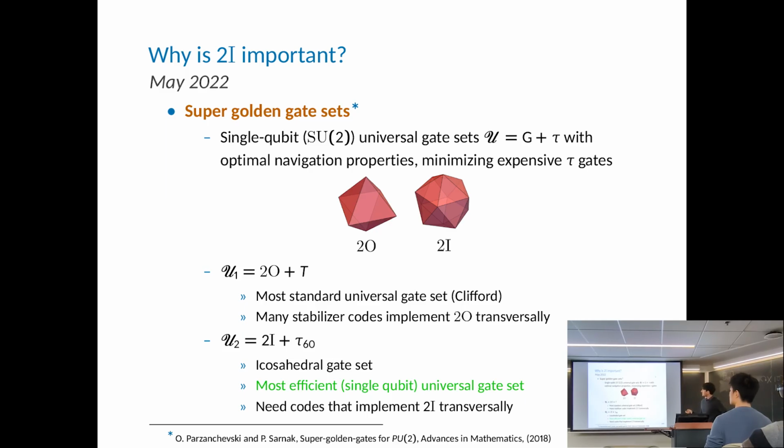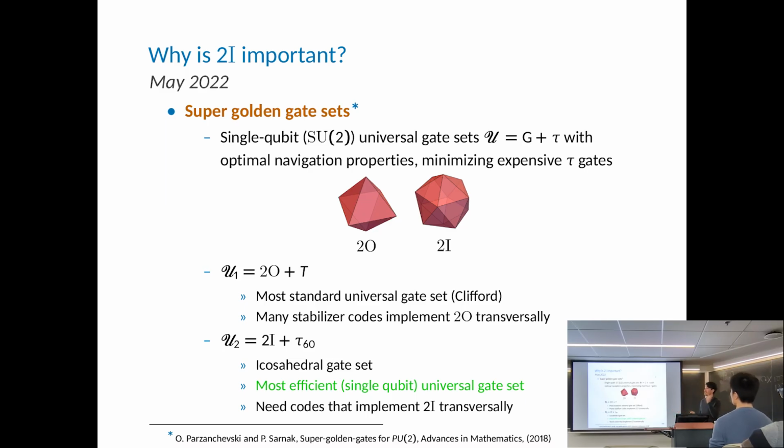Say you want to get a nice universal gate set. Like I said, the transversal gates G can only be a finite group, so you're never going to get a dense subgroup of SU(2) from just transversal gates. You have to add something on top of your finite group of transversal gates to get a dense subgroup of SU(2), which is what's called universality: being dense in a unitary group.